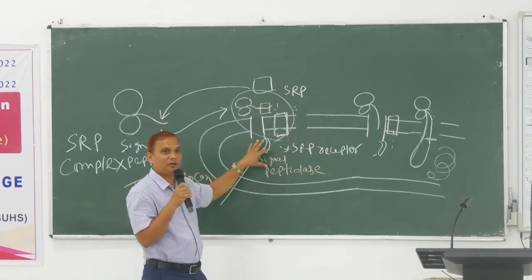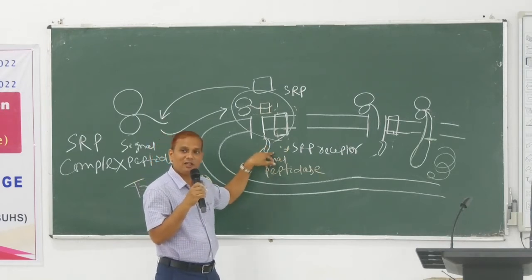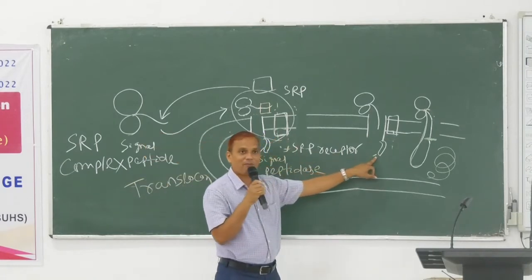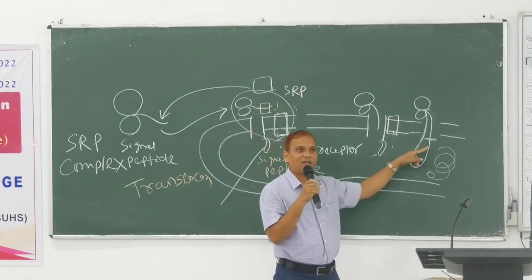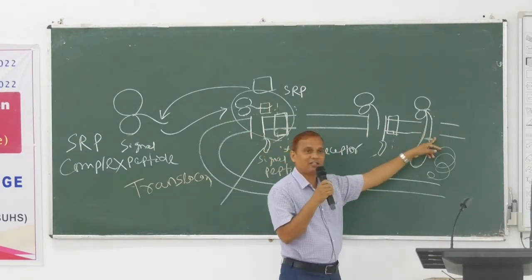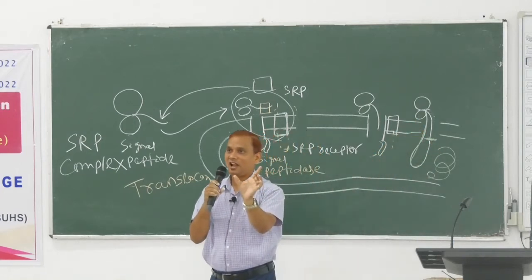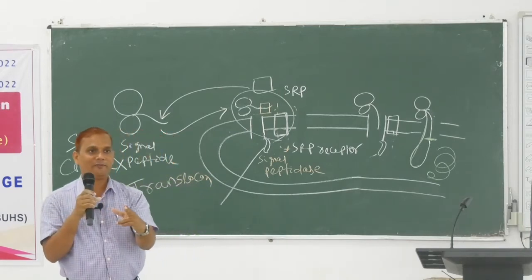Inside, not outside. Endoplasmic reticulum, not mitochondria. Inside the endoplasmic reticulum, what will happen? That signal peptidase enzyme will degrade the connection between the signal peptide and the protein.